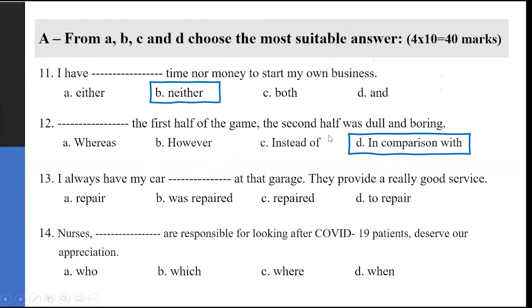That's why we used it, because it's only followed by a noun. Okay.